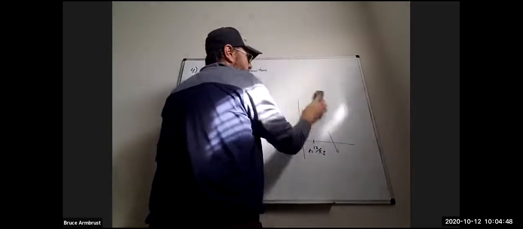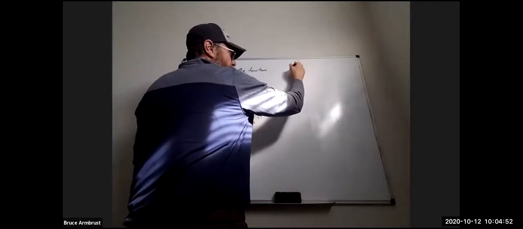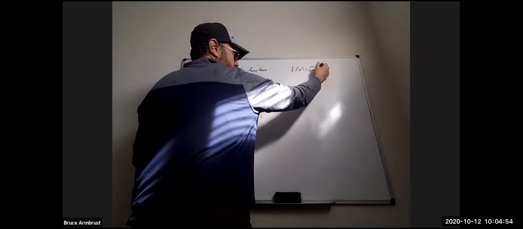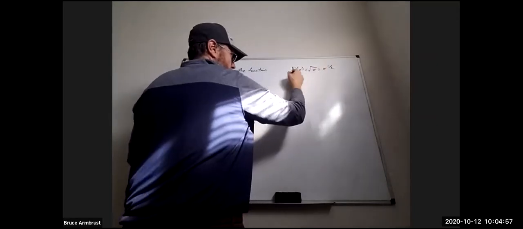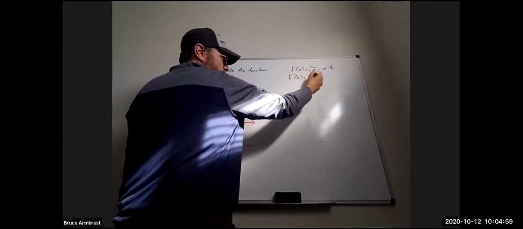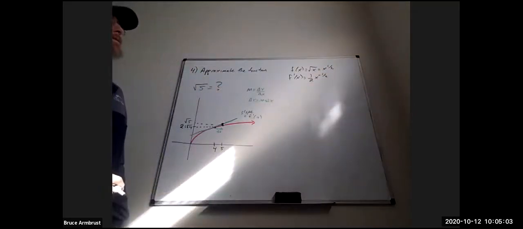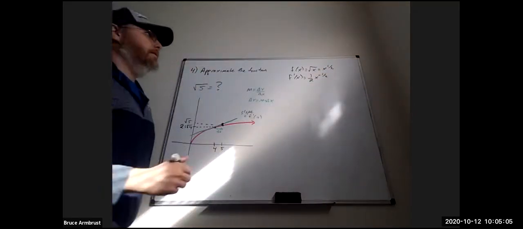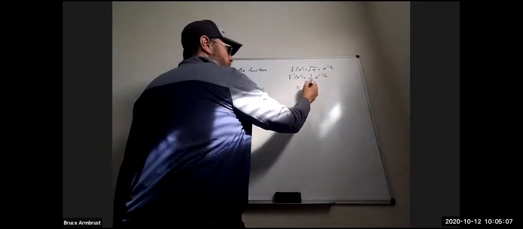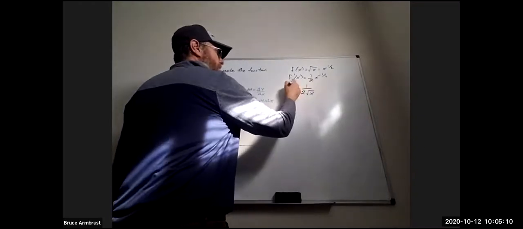All right, let me show you how this plays out. We've got the square root of x, also known as x to the 1/2. That's our function, and I need to differentiate it. Using the power rule, I get 1/2 x to the minus 1/2, which is also 1 over 2 square roots of x.